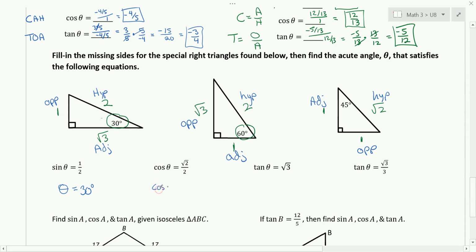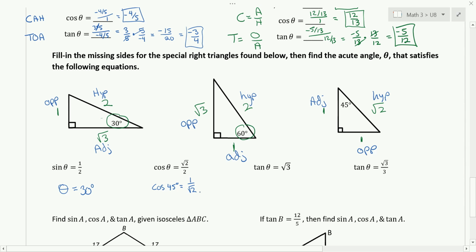So cosine of 45, cosine is what over what? Adjacent over hypotenuse. So in our picture, that would be 1 over root 2. And that doesn't match this problem though, does it?